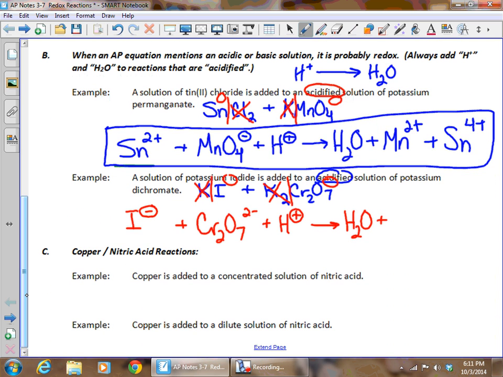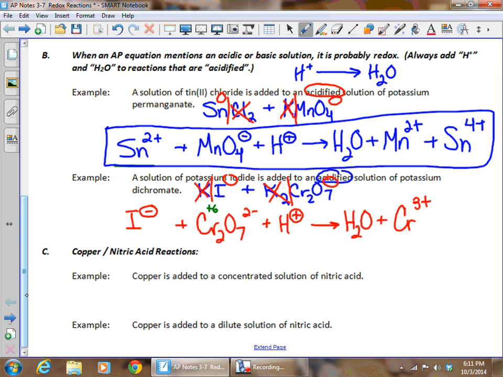We know that it goes to Cr3+. So now we know one thing that happened, and think about it. We went from chromium. If you find the charge for chromium in here, it ends up being a +6. It's the same in chromate and dichromate. And it's going down to a +3. So this is going down in oxidation state.